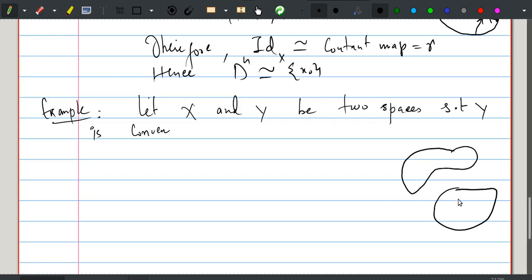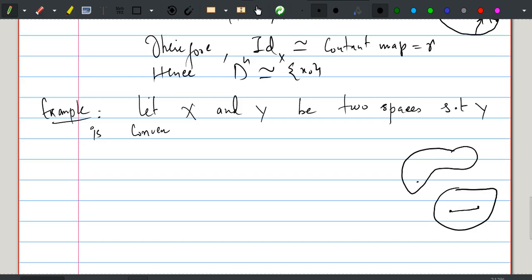Now this set is convex while this set is not, because a set is said to be convex if we take any two points in the set and join those two points, the line segment must wholly lie in the set.